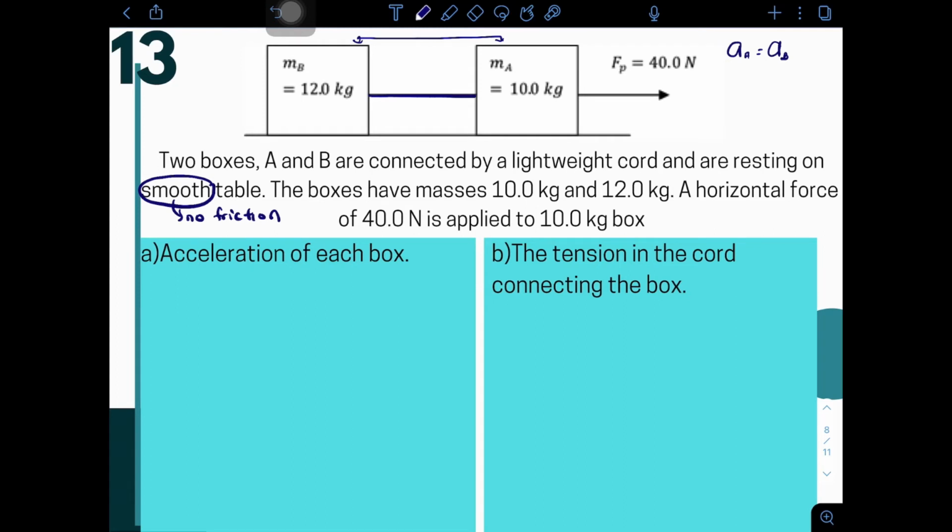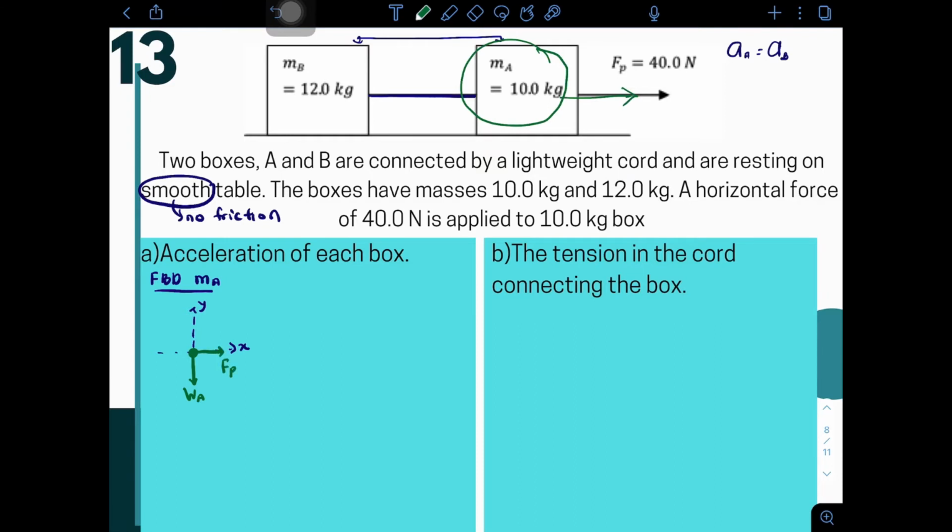Before we find the acceleration of each box, we have to draw a free body diagram for each box. So let's draw the free body diagram for mass A. X-axis and Y-axis, and we have mass A. We have WA downwards, and block A is being pulled by force FP to the right.